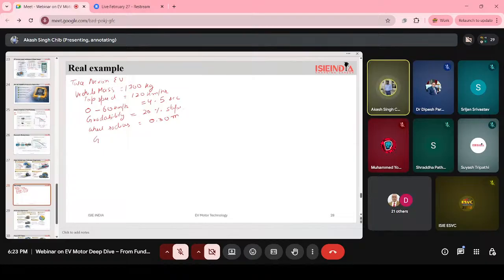Then comes the gear ratio. Basically, the gear ratio in the motors we have is around 9.1 to 10. So we are choosing 9.1 here. Then the motor's peak power. If you Google it, the motor power in the Tata Nexon is around 120 kilowatt.